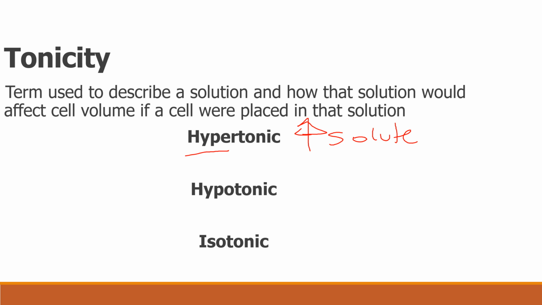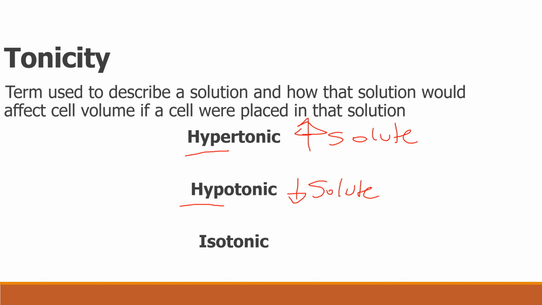Let's say you have a solution and that solution has a lower solute concentration compared to the cell. We refer to it as a hypotonic solution, and hypo means low. So the hypotonic solution has a lower solute concentration compared to the cell.